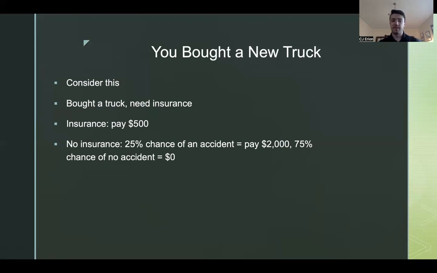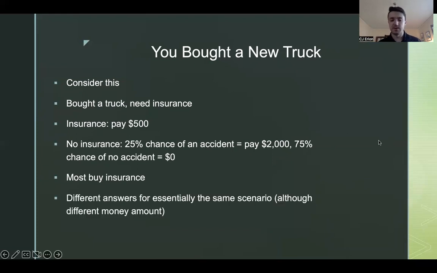Or there could be a 75% chance there's no accident and you never have to spend this $500. What would you choose here? So we see in real life that oftentimes people choose to buy this insurance, right? And so there's different responses here for these two different similar scenarios.